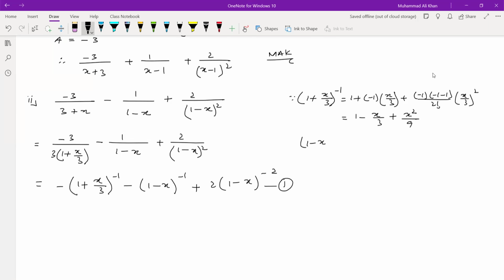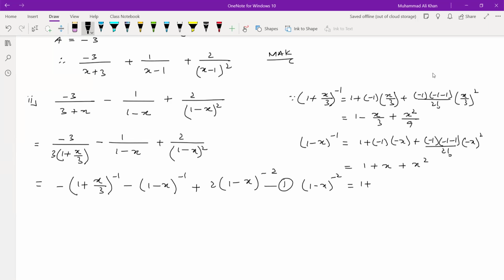(1 minus x) whole power minus 1 is equal to 1 plus nx plus n(n minus 1) upon 2 factorial x square. So this one will be 1 plus x plus x square. And a third one, (1 minus x) whole power minus 2.